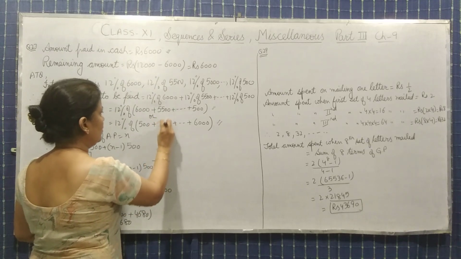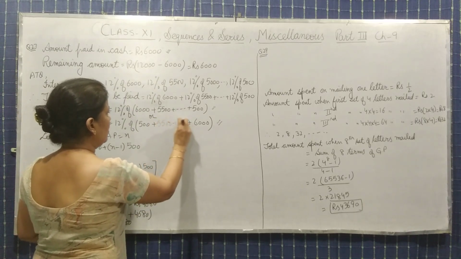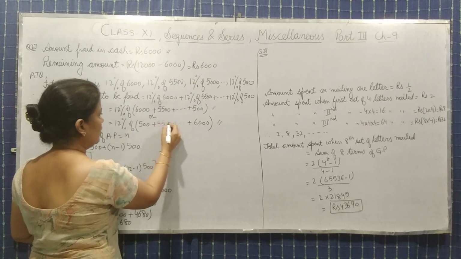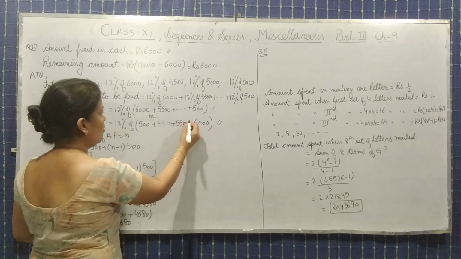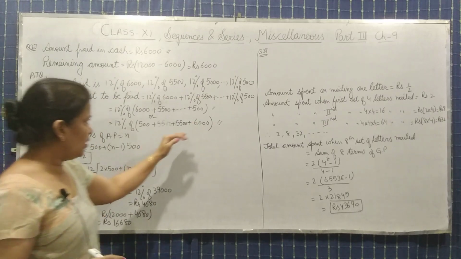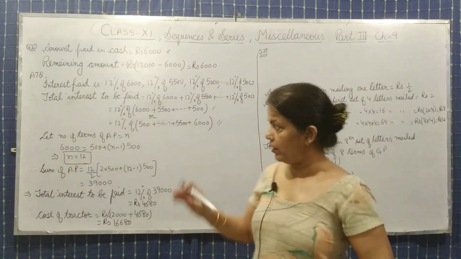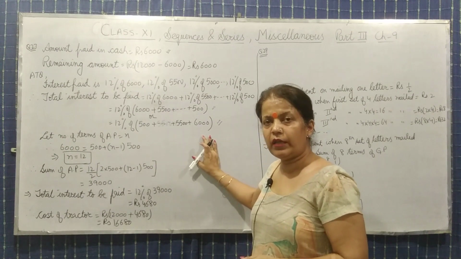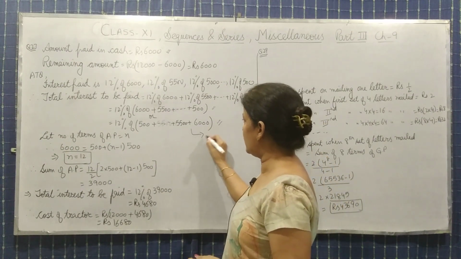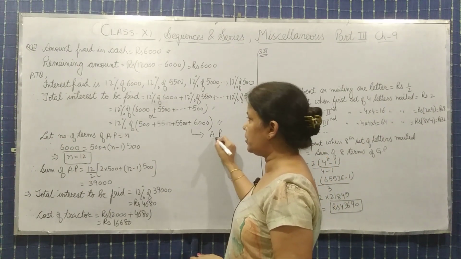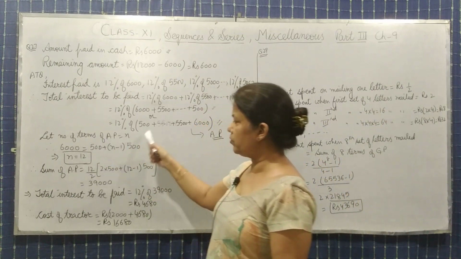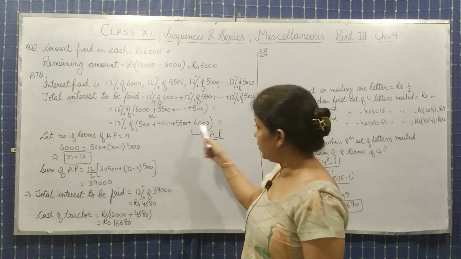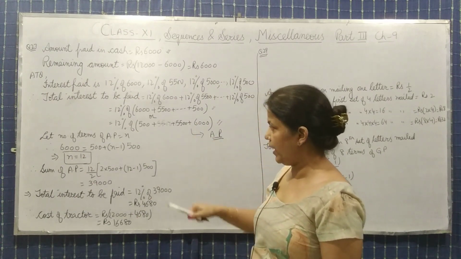Here this will be plus 5,500. So what type of series is it? There is a gap of 500, so it is an AP. So this is an AP series. Let the total number of terms of the AP be n.